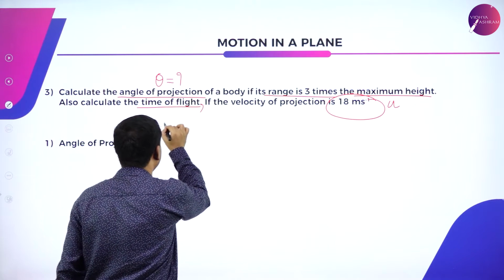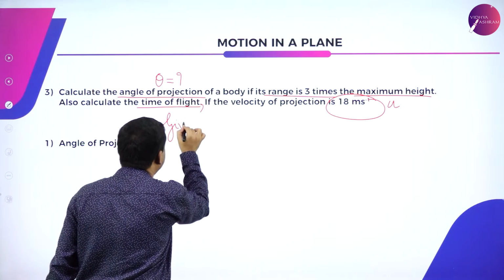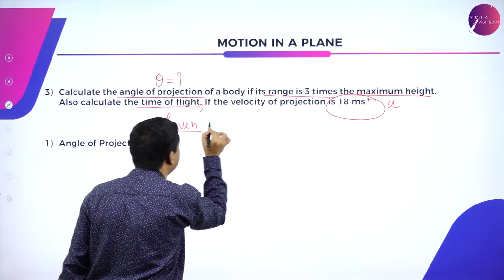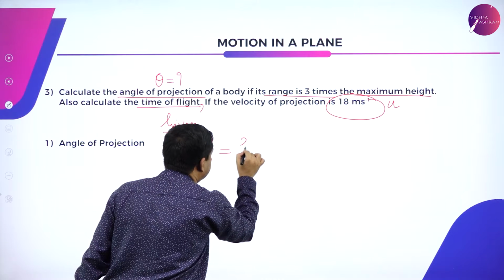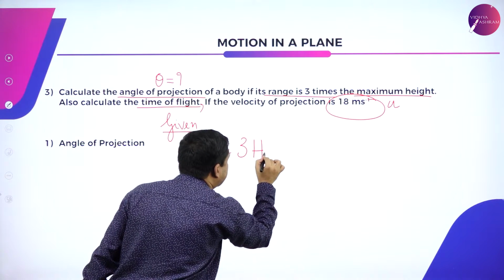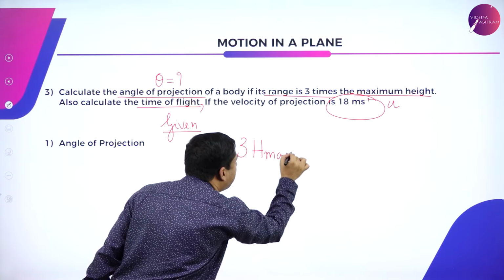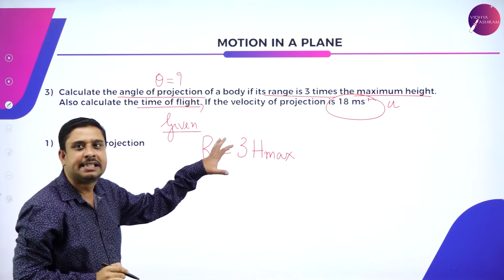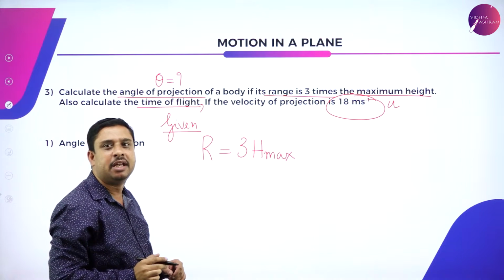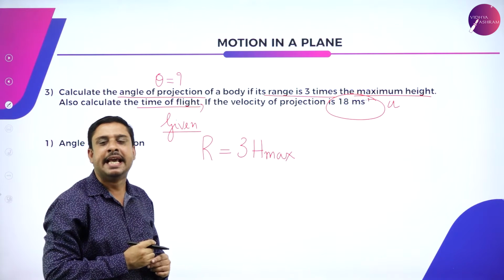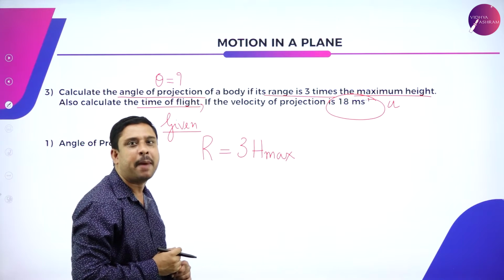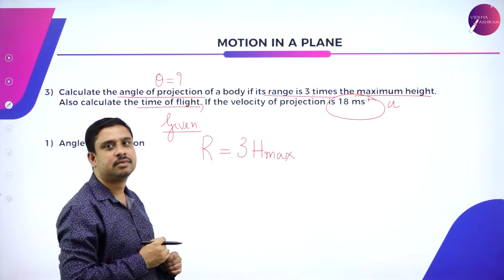Now, the problem says range is 3 times the maximum height. This is the information I am getting from the problem. Range is 3 times the maximum height.